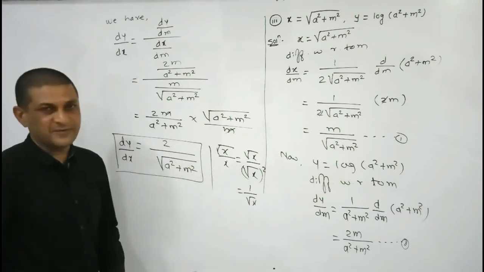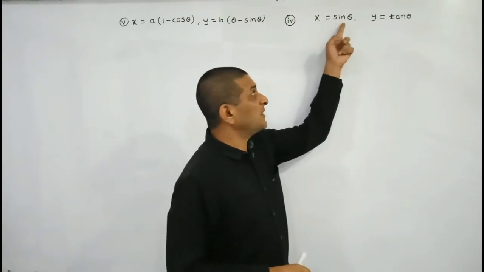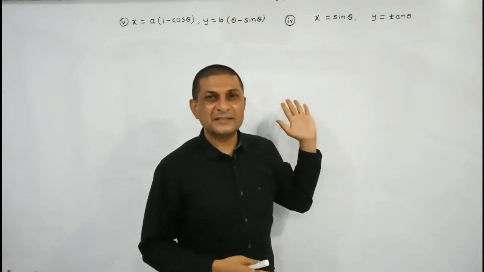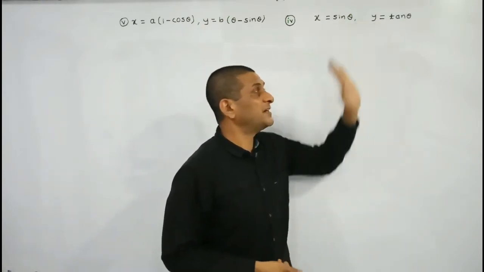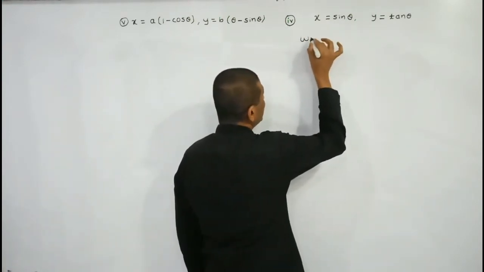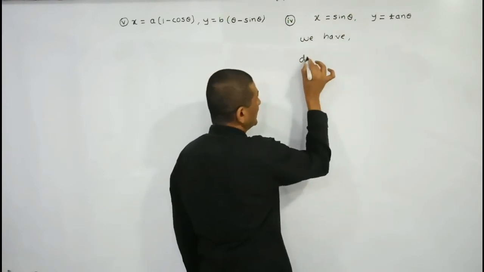Now nothing is there to simplify, so we can say that this will be our required differentiation. Now see in example number 4, the given function is x is equal to sin theta and y is equal to tan theta. Here we can easily observe that hardly one step will be required to find the differentiation of sin theta and tan theta. So that's why directly we are writing our formula to find the differentiation. So what is that formula?